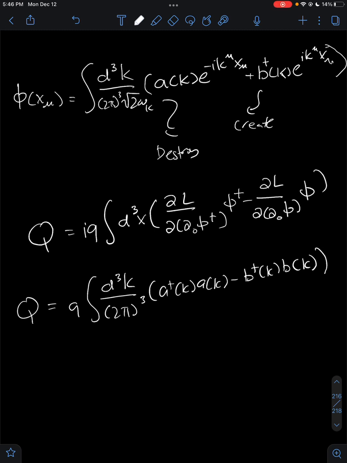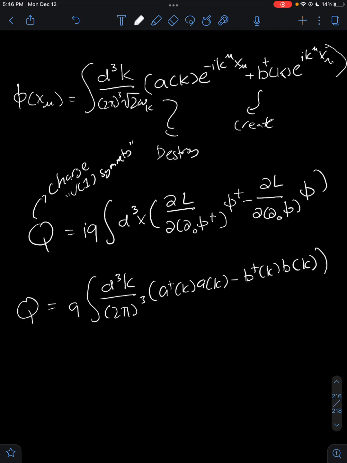So here we have what's called the charge operator for quantum field theory. And we actually found this equation from our video on the U1 symmetry. So if we employ a U1 symmetry, we get a conserved quantity, that being the charge operator.